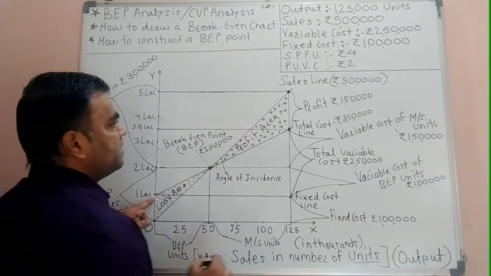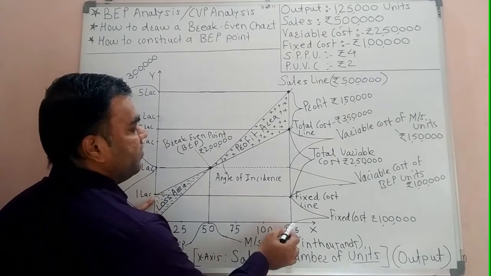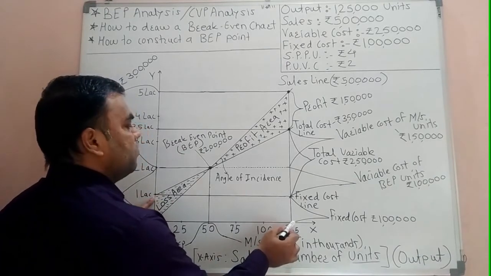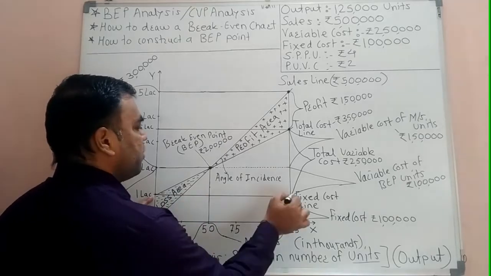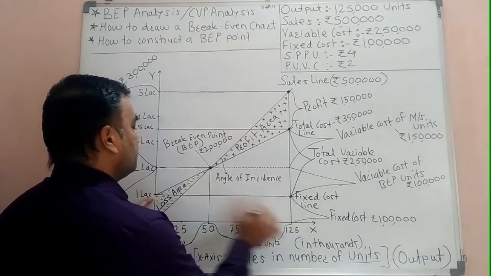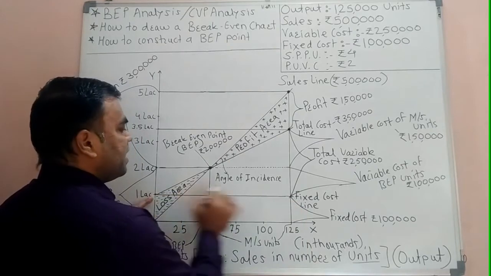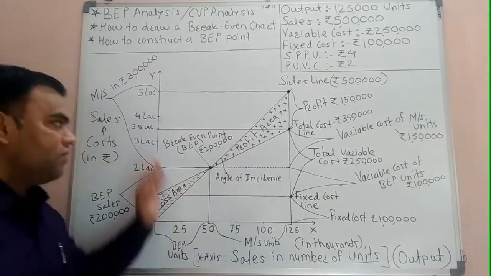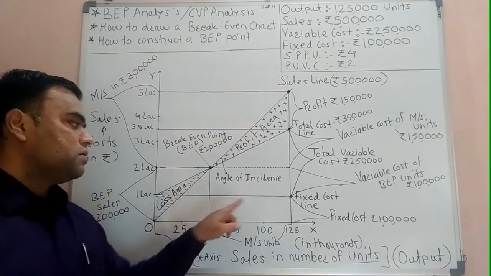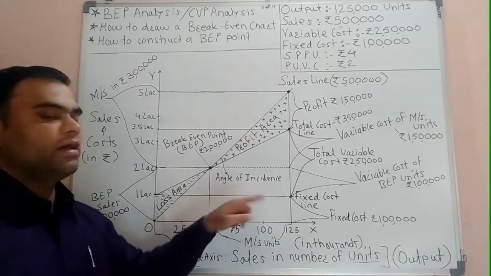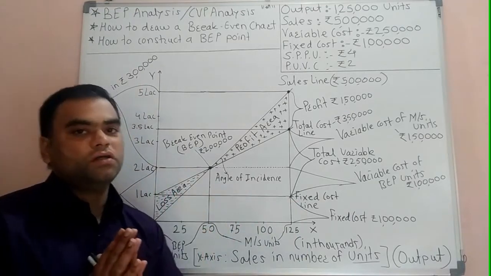The maximum output is 1,25,000 units and fixed cost is 1 lakh. So we create this point and draw the 1 lakh fixed cost line. After making the y-axis and x-axis, what do we have to do? Draw the fixed cost line. Now we have drawn the fixed cost line.